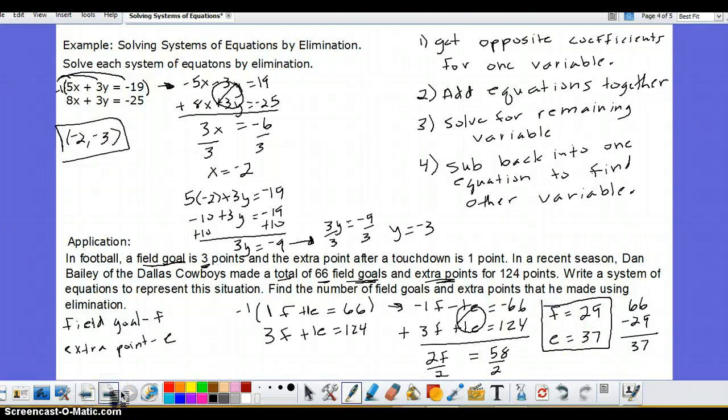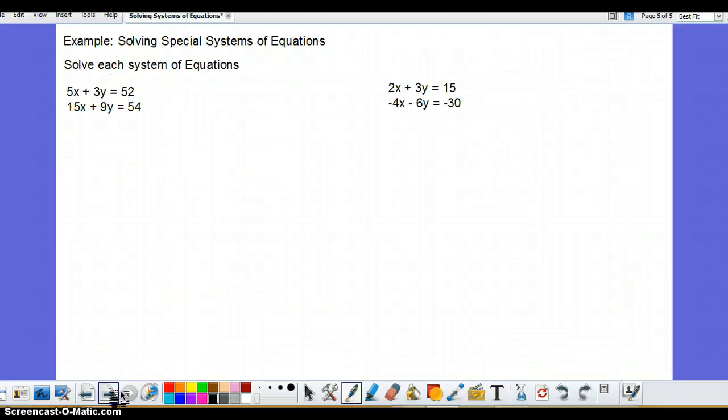All right. And then, last one, we have some special systems. Special systems are no solution or infinitely many. No solution means that you would have 0 equals some number.